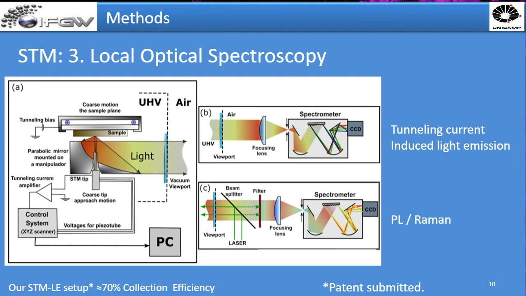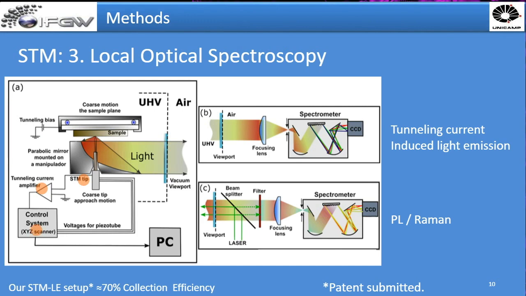And in these schematics here, you see basically the whole setup. So we have bias that's applied to the sample. We have the tip that goes through a small hole through the mirror, and the tip is connected to the current preamplifier, and this goes to the control system.